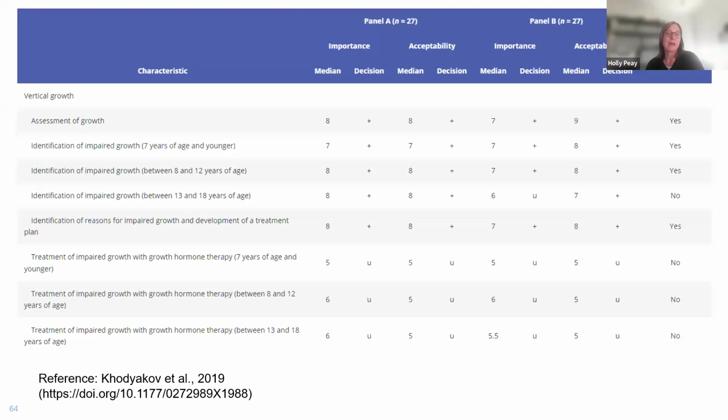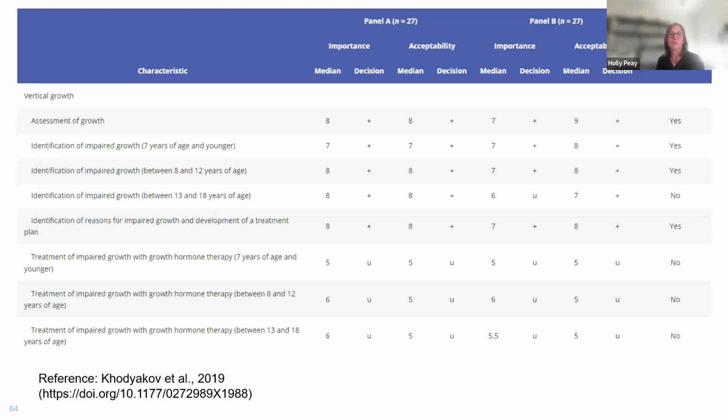And this just gives you an example of the output. So again, the goal of doing a process like this is to come up with a consensus or a recommendation. The output here was whether these specific recommendations in this care guideline were patient-centered. And so these are scored with importance and acceptability.